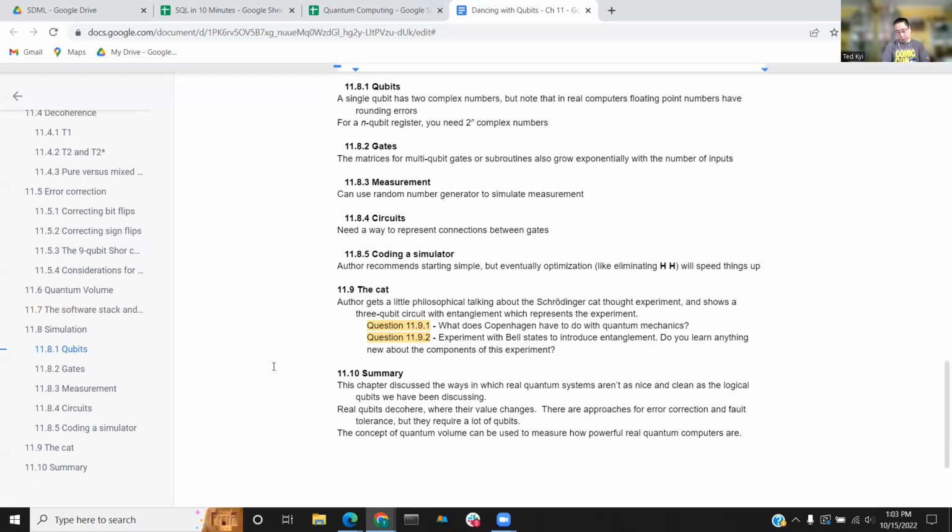That was the author's way of saying there are still some philosophical questions and some unknown things about quantum mechanics, even though the raw math of saying that we have a state space comprised of 2 to the n complex numbers, pretty much every prediction that quantum mechanics has made has been experimentally verified.